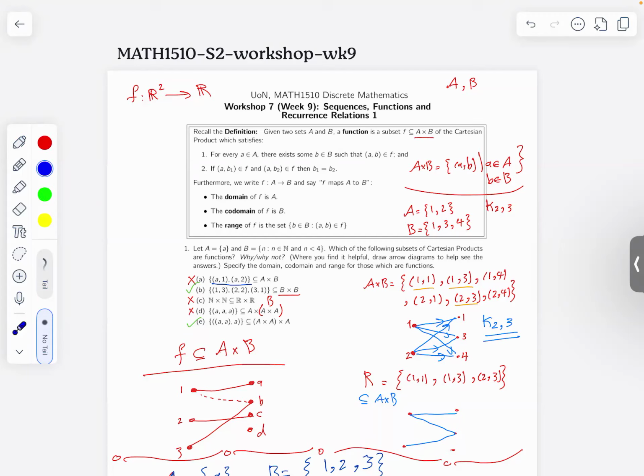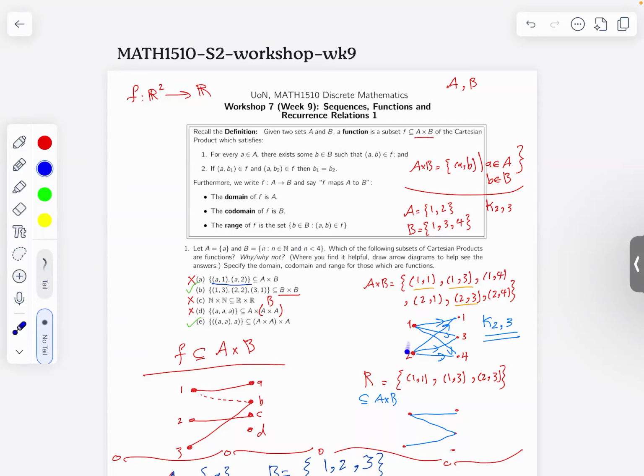Among the subsets of A times B, among the relations, there is one special one, which is called a function. A function is a kind of relation with some conditions.